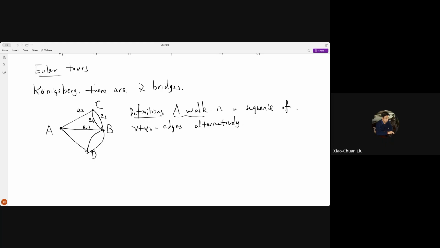Or maybe I say alternative symbols. Okay, so for example, probably we have V0, this is the vertex, and E1, V1, E2, V2, something like this. In this case, we have A, so this is an example.